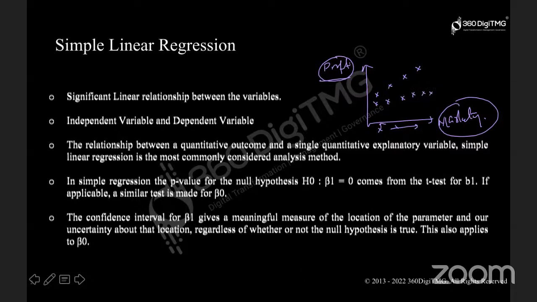It is nothing but we are trying to find out the cause and effect relationship between two variables, the input and output variable. In two-dimension space, when we want to find out the relationship between both of them, such a plot is called a scatter plot.